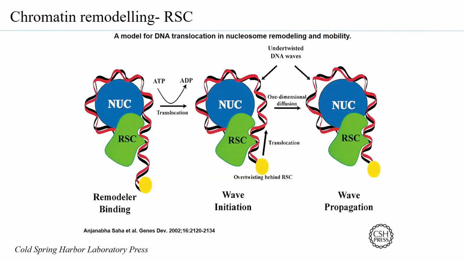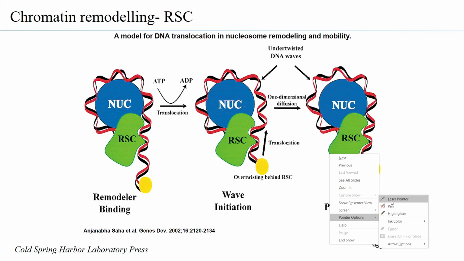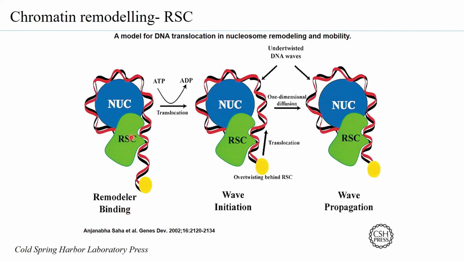Now the chromatin remodeling complex RSC, found in yeast, shows a similar kind of DNA translocation as observed with the SWI-SNF complex. What you can see clearly is that you have the DNA tightly wound around the nucleosome core particle.